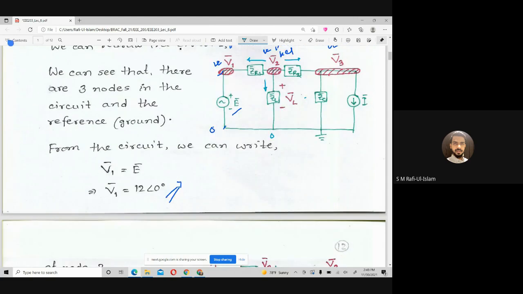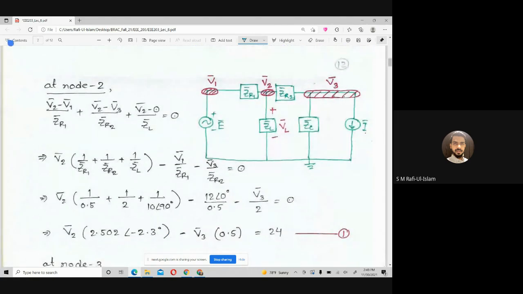Let's see how we write down the actual equation. Let's say this is our node 2. If we write down the node equation here, it is a very simple node equation: V2 minus V1 divided by ZR1. Since we are writing the node equation at node 2, V2 should be positive, and the other node voltages would be negative with respect to V2.